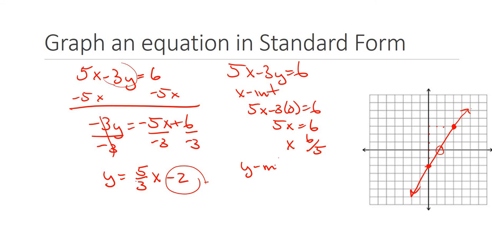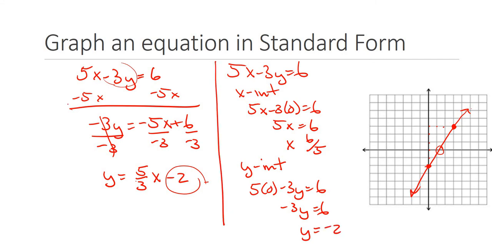The y-intercept, the value of y when x is 0: 5 times 0 minus 3y equals 6, and that is -2.